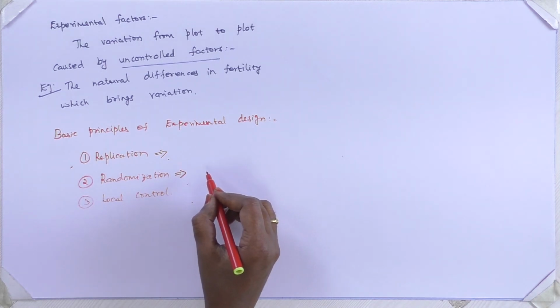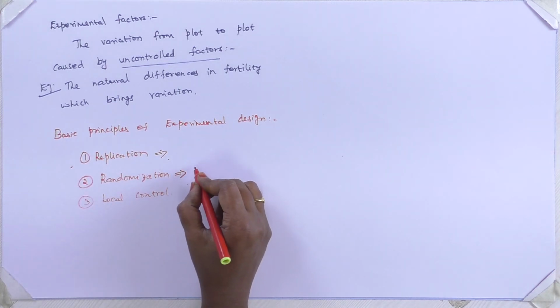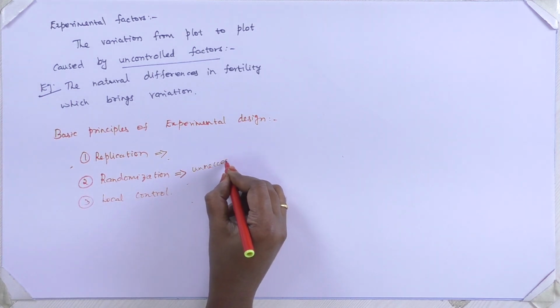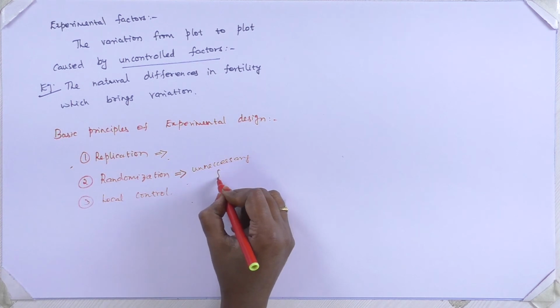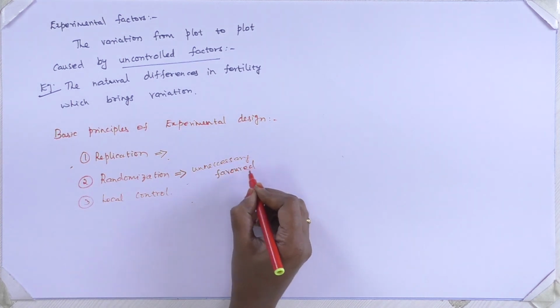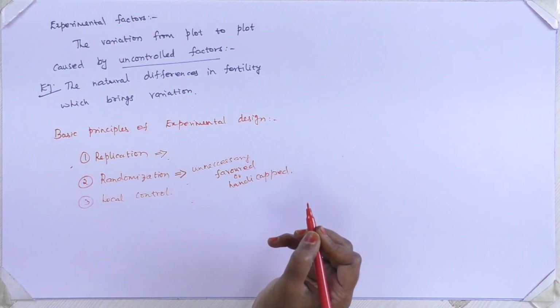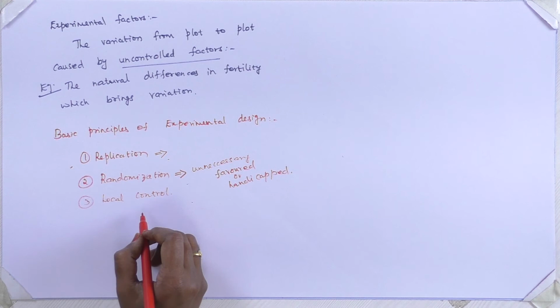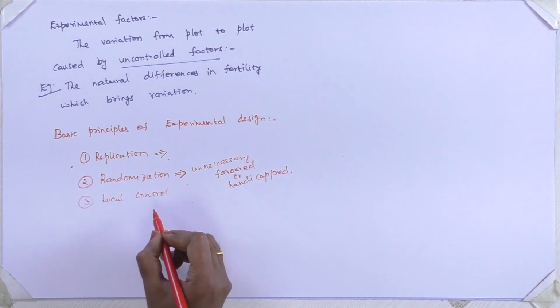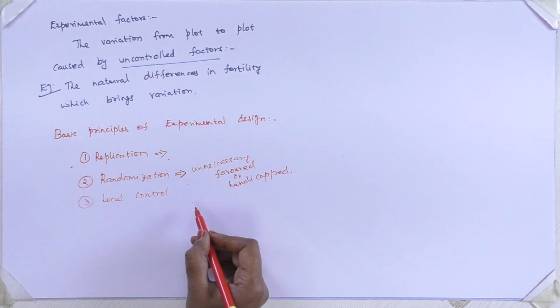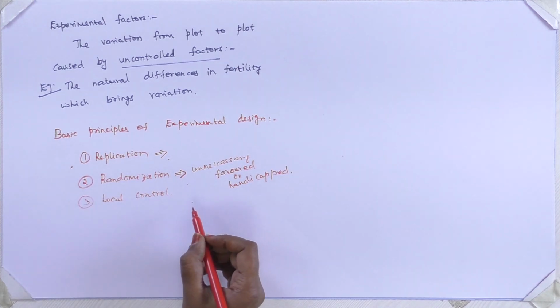The purpose of randomization is to ensure that no treatment is unnecessarily favored or handicapped. Local control, the process of reducing the experimental error by dividing the field into relatively homogeneous blocks, is known as local control.